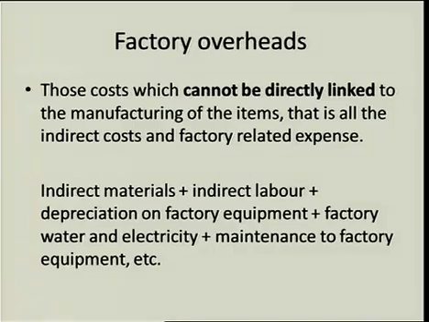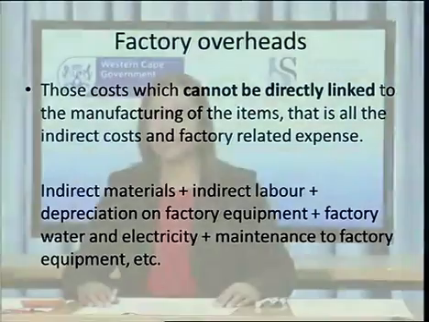So if you look at it, there's only really 3 types of costs in a manufacturing environment. There's only 3 costs, okay? There's your material costs, which is divided into direct and indirect. There's your labor costs, which are divided into direct and indirect, and then there's your factory overhead costs.